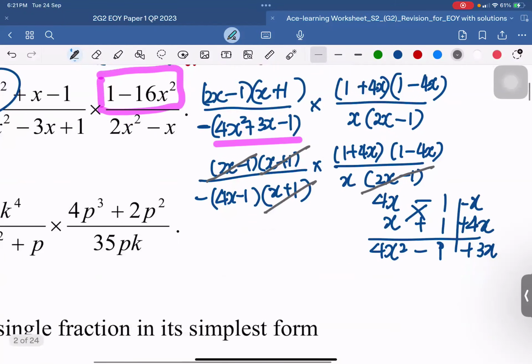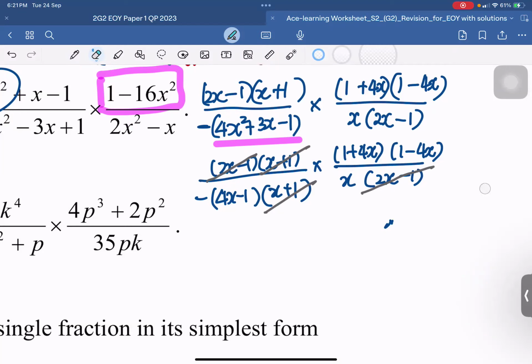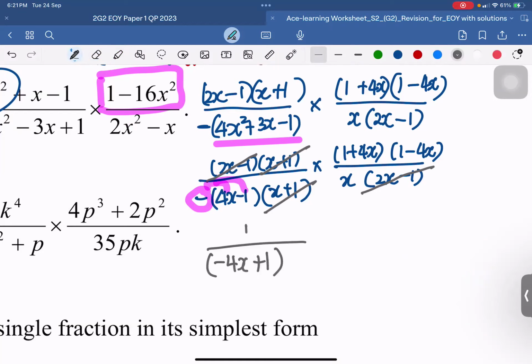So, you mentioned the 1 plus 4x or whichever, right? You notice this one here, the negative sign, we can multiply into the bracket to change it to negative 4x plus 1. Here got nothing already. So, what can we cancel now?